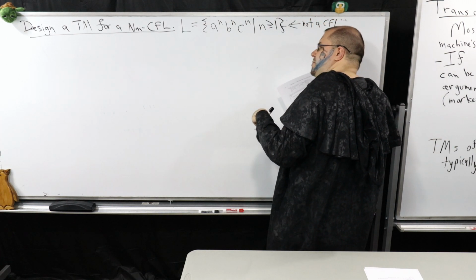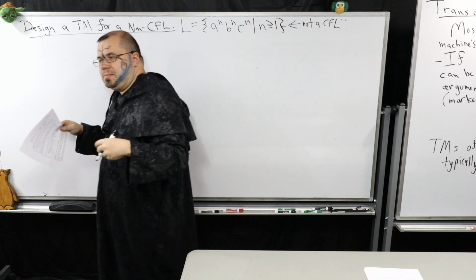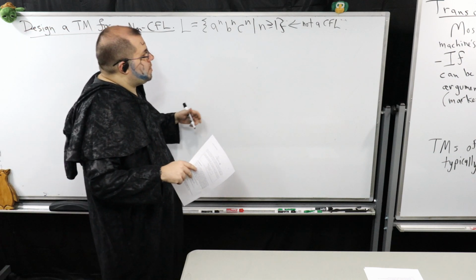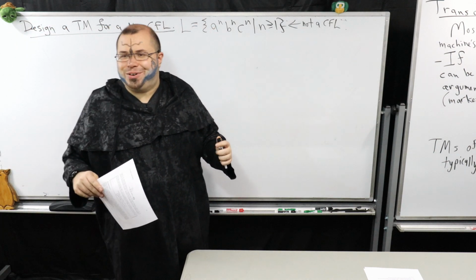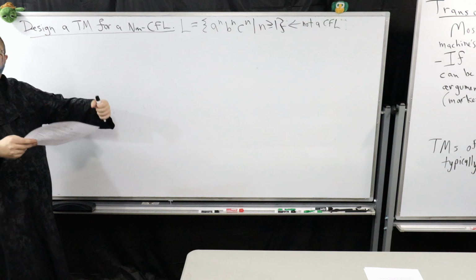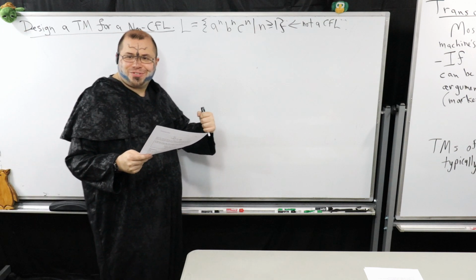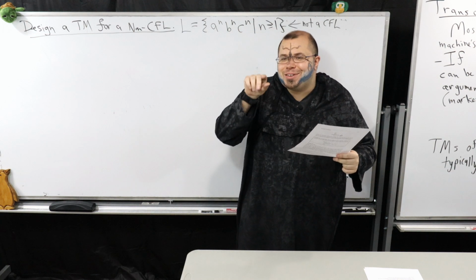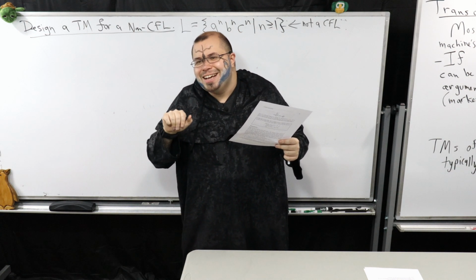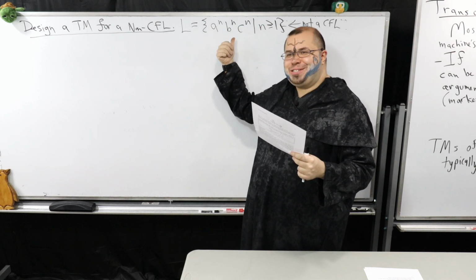So you most certainly won't be able to give me a PDA that will describe it, or even a context-free grammar that could describe it. So I'm going to show you that I can use a Turing machine to accomplish it. But to do it, I'm going to start off with a simpler language to illustrate the idea, and then I'm going to show you how all I have to do is nudge the idea one step forward to get a Turing machine for this language.